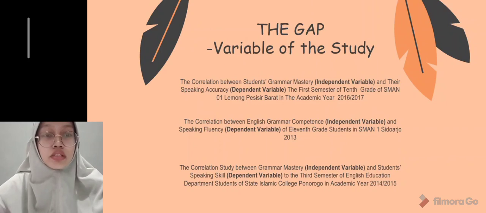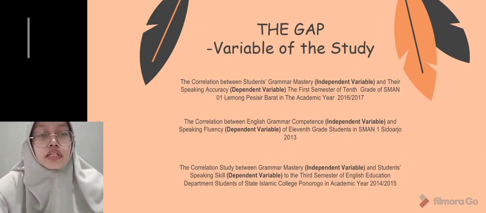The next is the gap, which consists of the variable of the study. You should know two kinds of variable of the study. The first is independent variable. Independent variable is the variable that you think is the cause, and dependent variable is the effect.